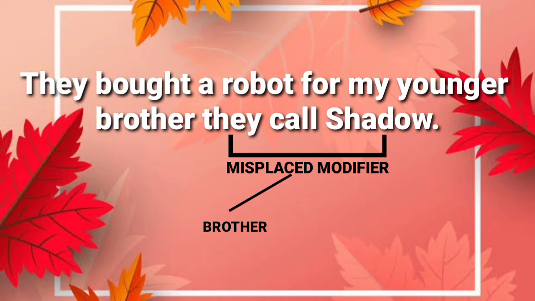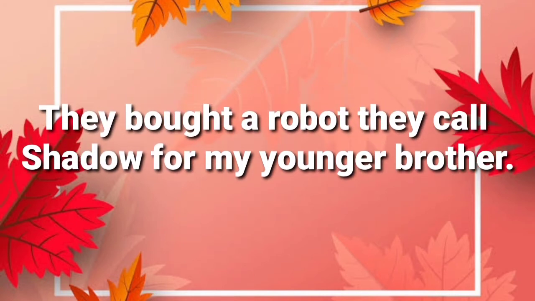The modifier Shadow here is meant to modify the robot as the name of the robot and not the name of the brother. So this is another example of a misplaced modifier. To correct this sentence, we can say, they bought a robot they call Shadow for my younger brother.